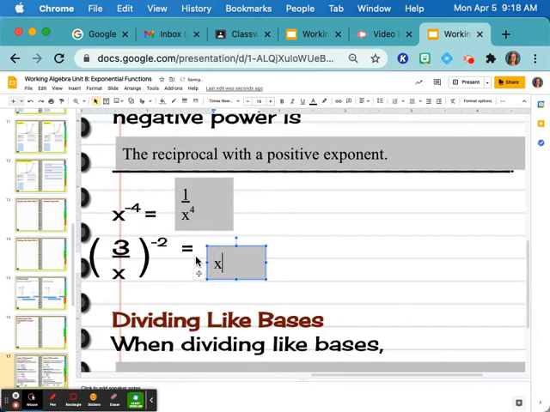So this would be x over 3, all raised. Oh, I don't like how this is. I'll do it like this. I'm going to flip it, and I'm going to change the sign to a positive 2.